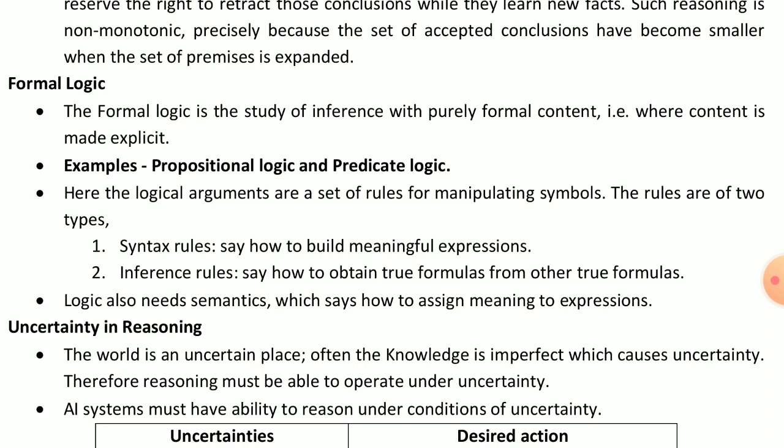Now logical arguments are a set of rules for manipulating symbols. We can use logical arguments and find different sets of rules, and the rules manipulate symbols. In rules we use different symbols, and then we can make some logical arguments.